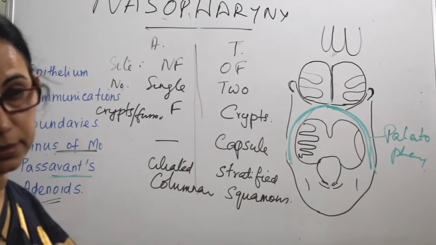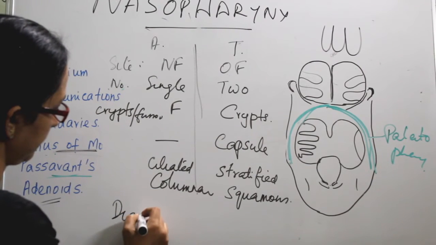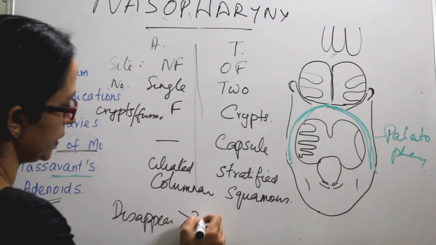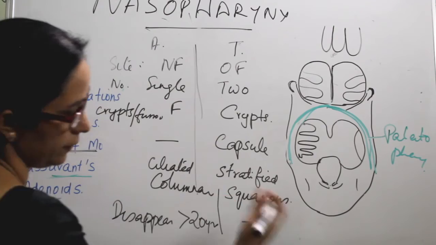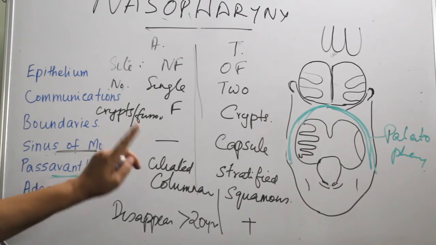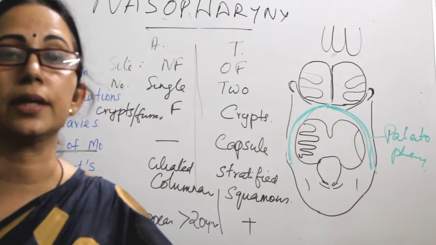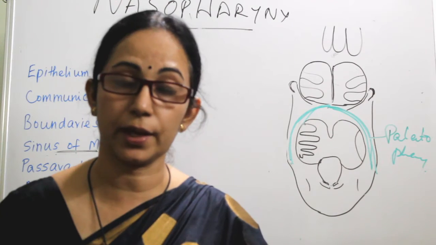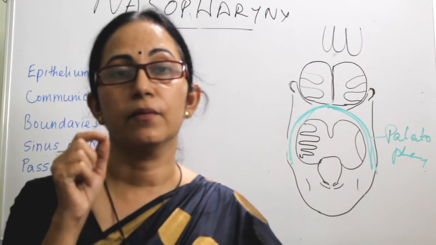The adenoid disappears in adults, usually about 20 years of age, but the tonsil is present even after 20 years of age. So these are the main differences between them, and both tonsil and adenoid form part of Waldeyer's ring also.